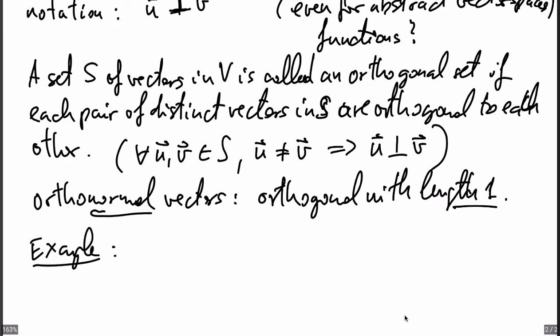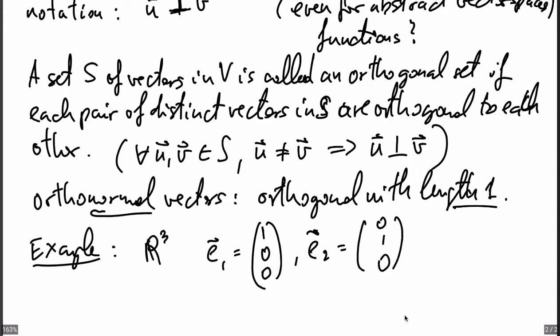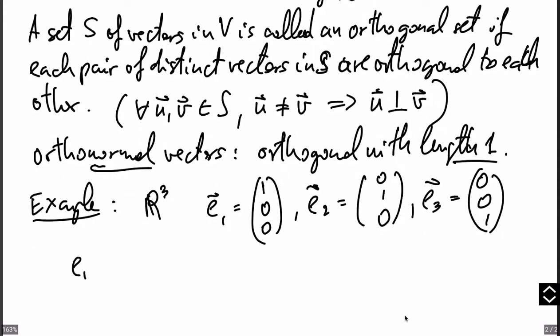For example, in R3, we have the e1 vector, which is (1, 0, 0), the standard unit vector, e2 (0, 1, 0), and e3 (0, 0, 1). And it's easy to check that e1 dot product with e2 is 1 times 0 plus 0 times 1 plus 0 times 0, which is 0.